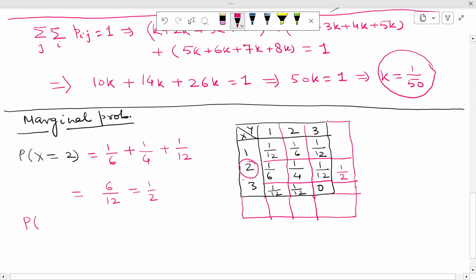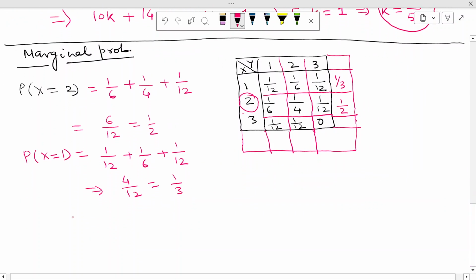Similarly, if you have to calculate the marginal probability for x is equal to 1, again you can see that corresponding to x is equal to 1 we have these three probabilities. Again we add these probabilities, and this comes out 4 by 12, or simply 1 by 3. So we note down here, this is 1 by 3.